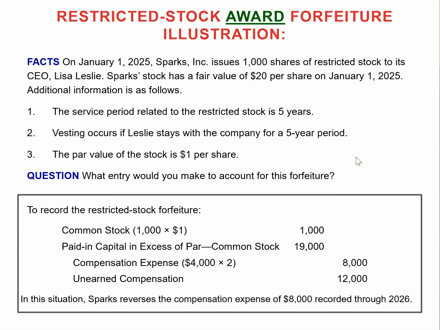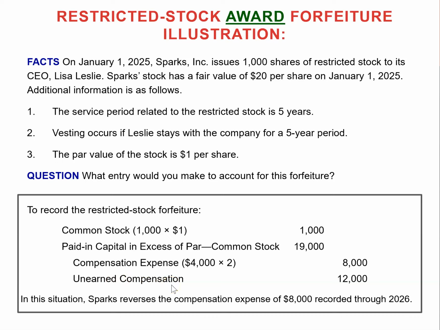Now remember, here on the grant day, when we issued the shares, we debited the entire 20,000 as unearned compensation. Now when 2 years passed and we recorded 2 years of compensation expense, we reduced unearned compensation by 8,000, but we still have $12,000 unearned compensation debit balance at the end of the second year.